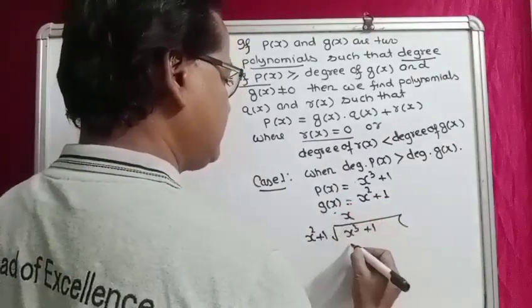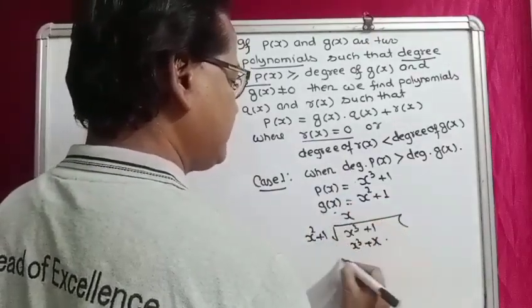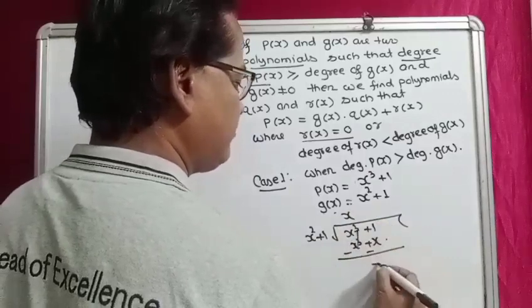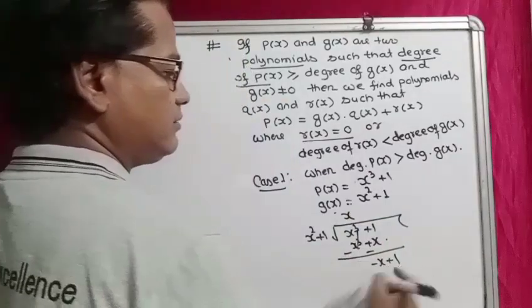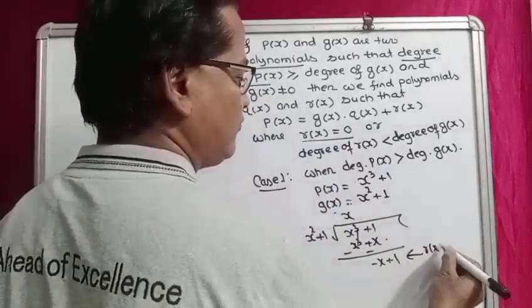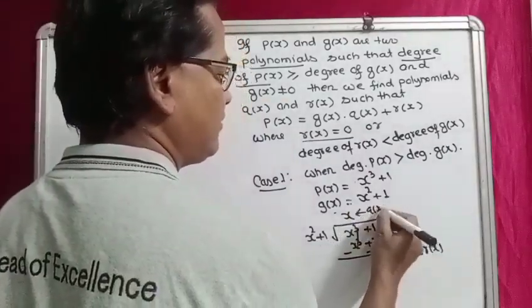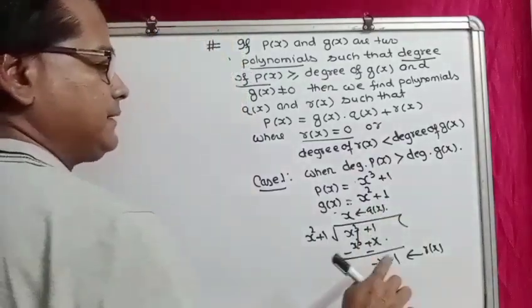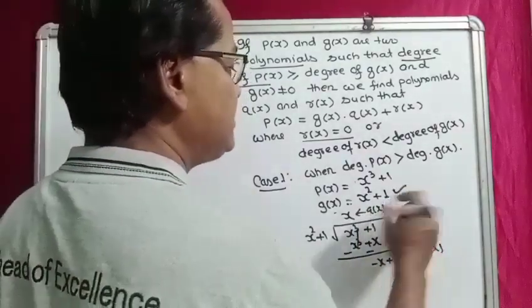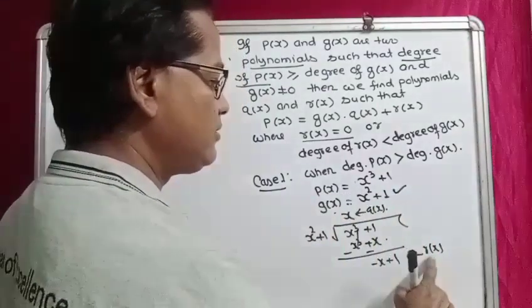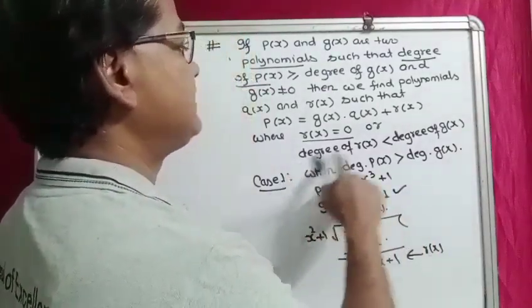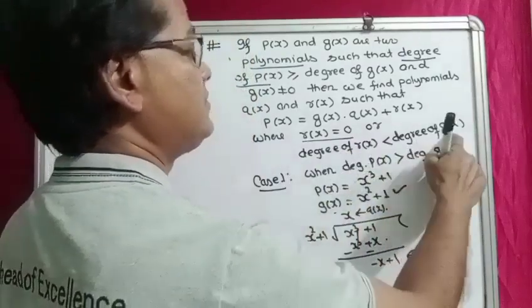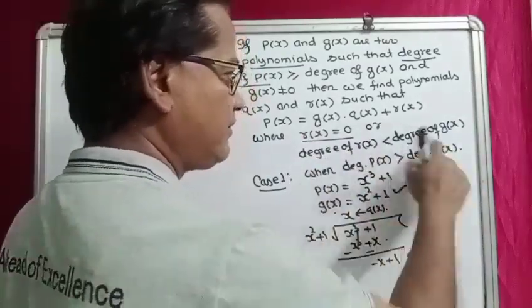So x cube plus x, minus minus, minus x plus 1, right? Now it is not divisible, so this is the r(x). This is q(x). Now see, here the degree of g(x) is 2 and here the degree of r(x) is 1. So again satisfying that degree of r(x), 1, is less than degree of g(x), which was 2 here.